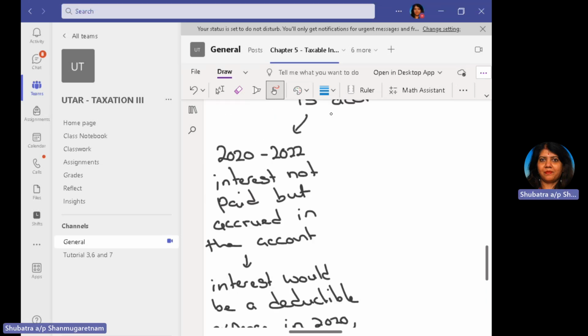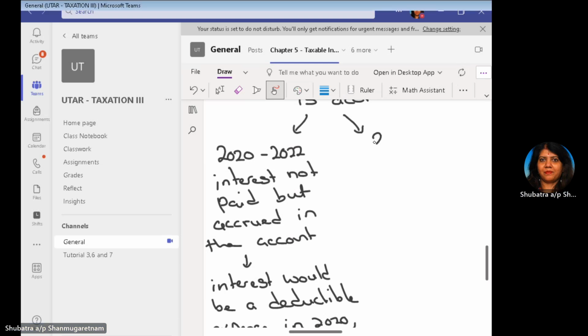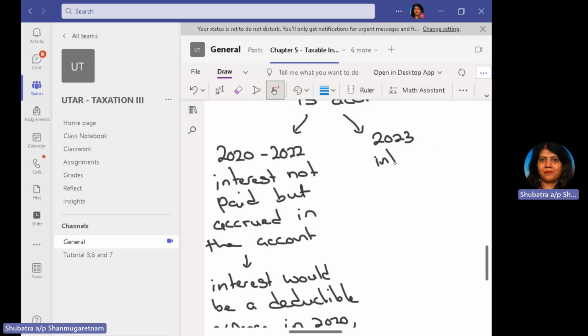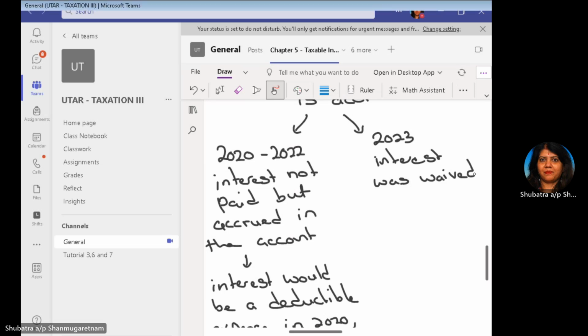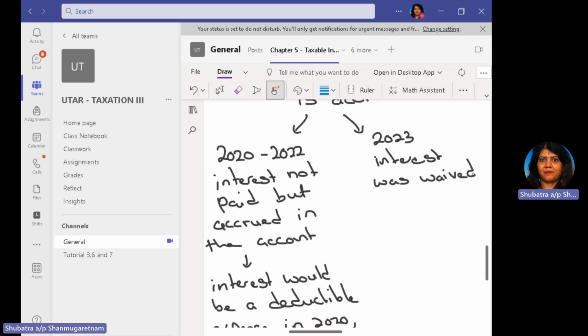Now say in 2023, interest was waived. Interest was waived. In 2023, interest was waived.